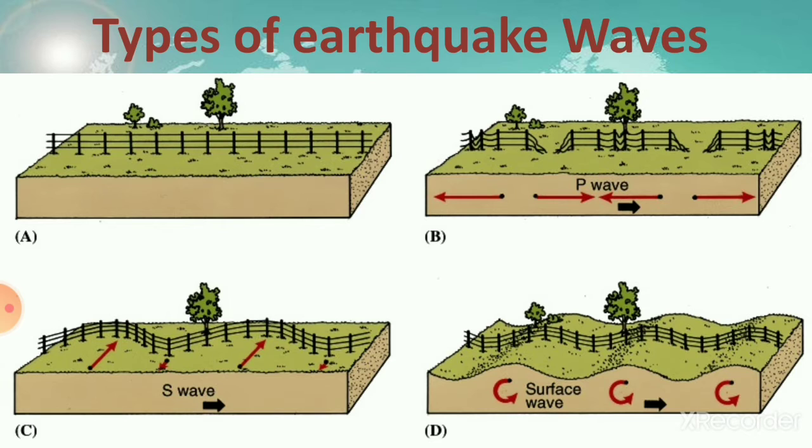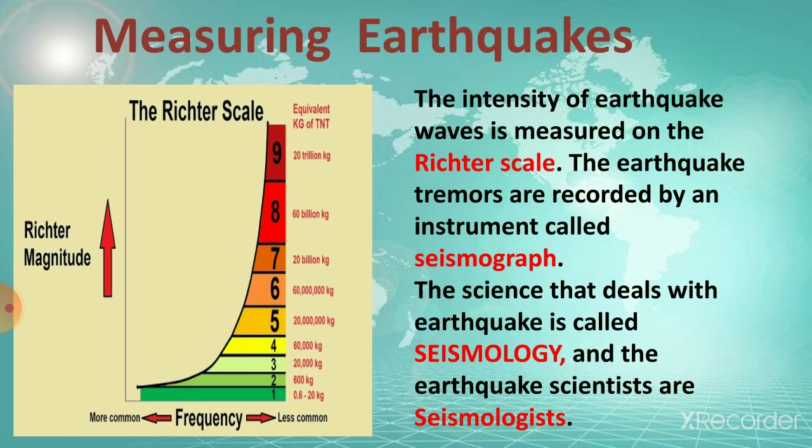You can see that the surface is curvy now. These waves are very powerful and cause most of the damage. Their effect is not seen at great depth. So there are three main waves: primary wave, secondary wave, and surface waves.